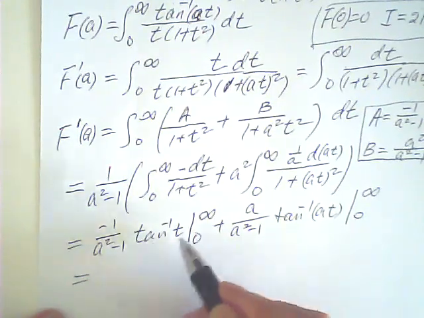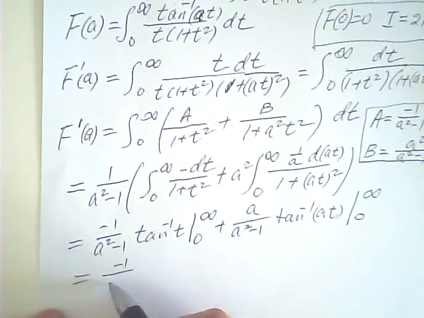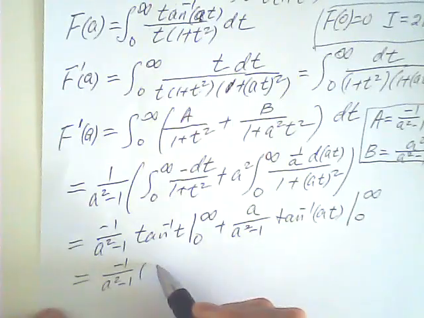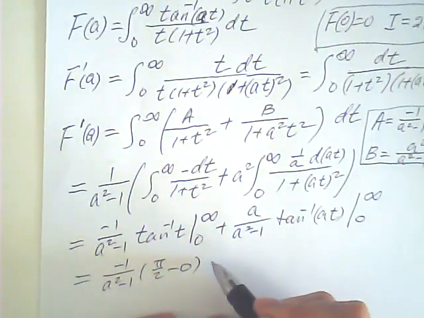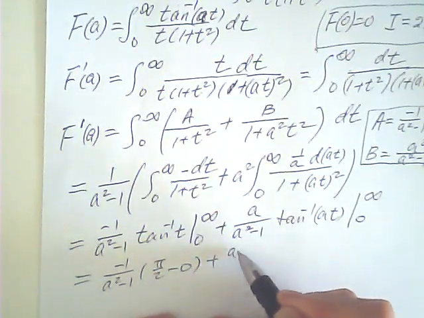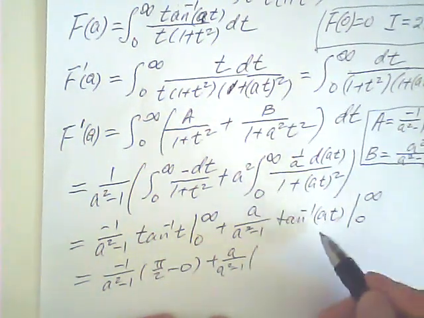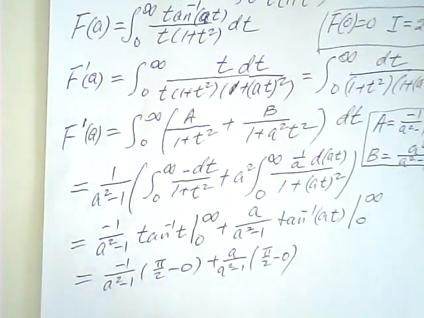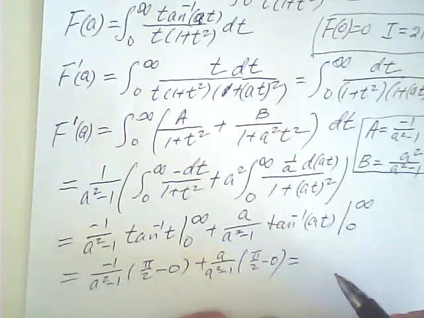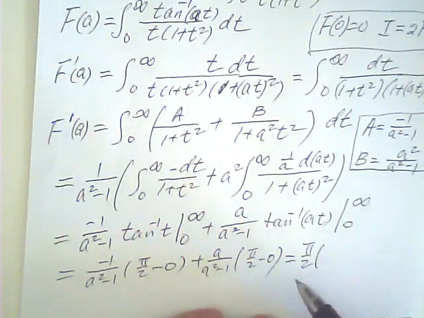Yeah, this one is easy. This one is equal to half pi minus 0. And that one is also half pi minus 0. So we have a common factor, half pi.